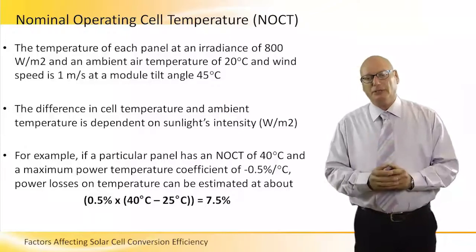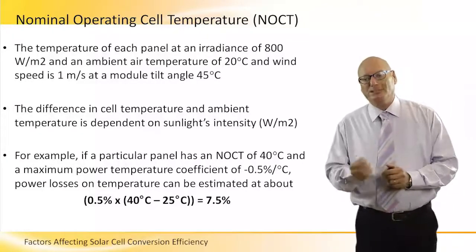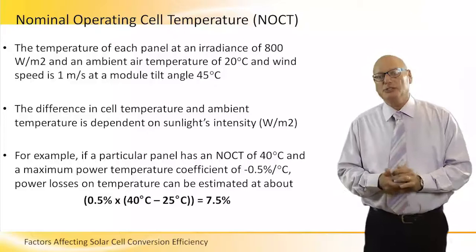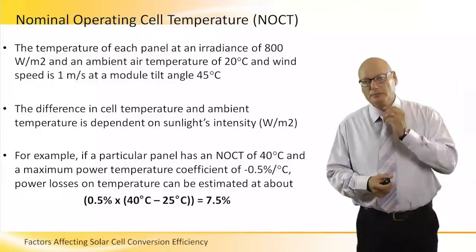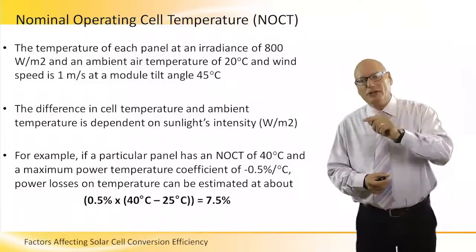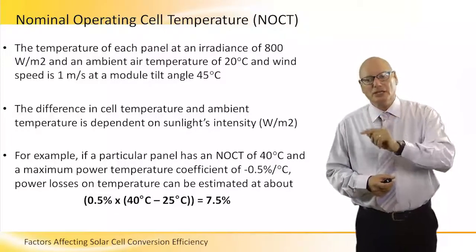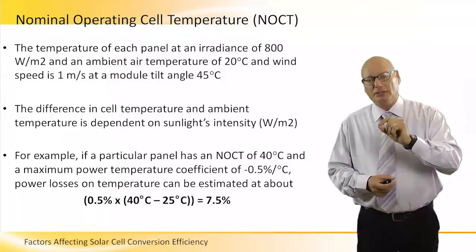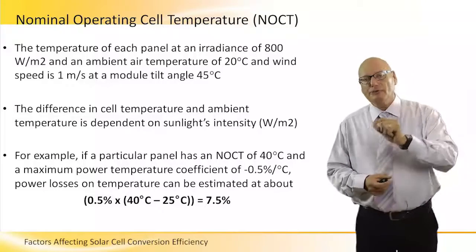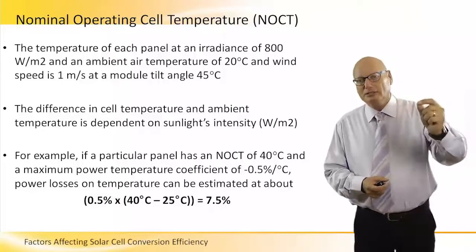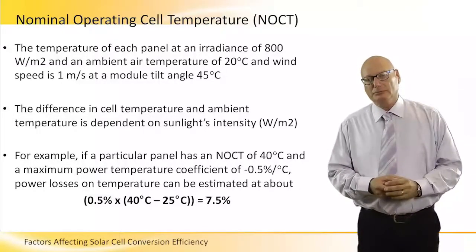The difference is 15. 15 times 0.5 is 7.5% loss because of the temperature. And this is because the NOCT was 40 degrees C and half percent loss for each additional degree above 25.